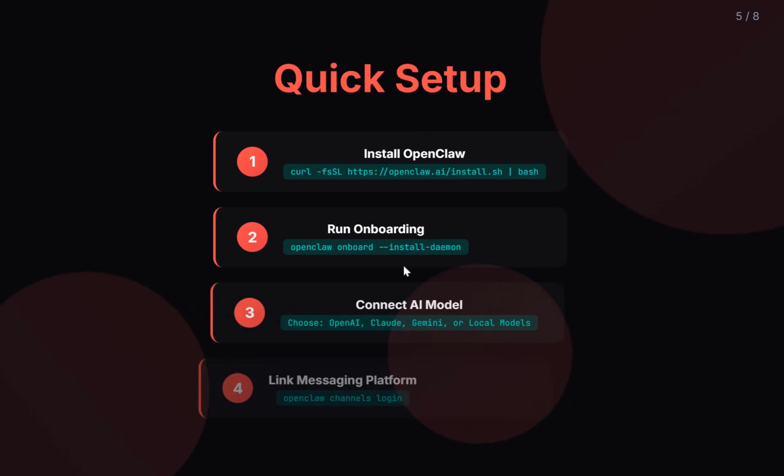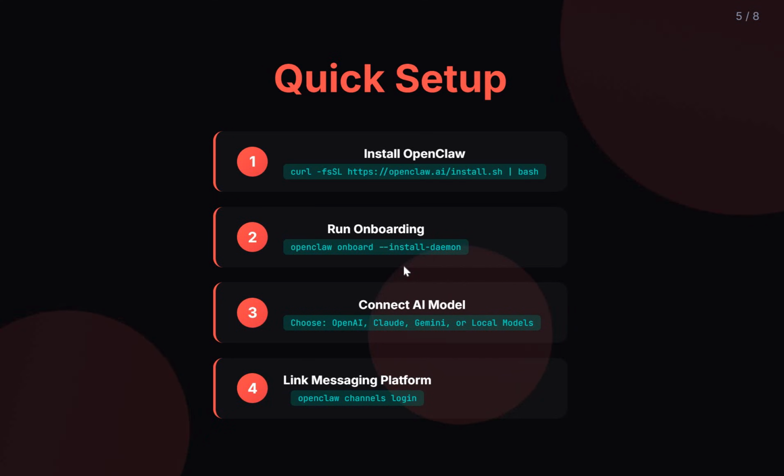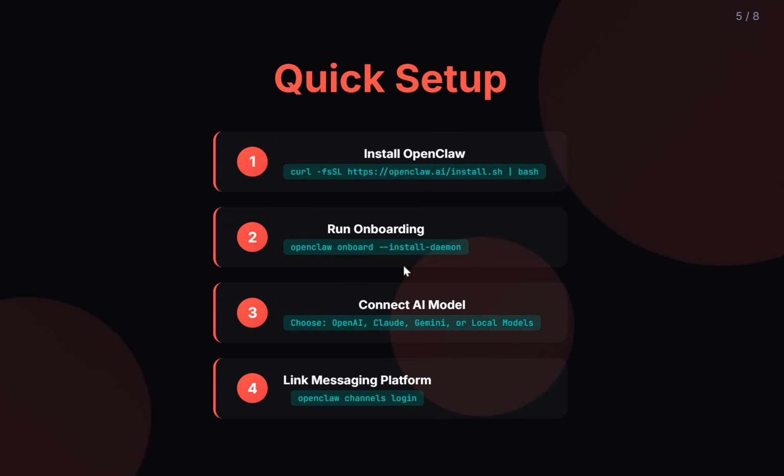Let's have a quick view of how you can set up OpenClaw. This is a super simple installation. You just run the OpenClaw command if you're on Mac or Linux, and there is also a command for Windows. Once you do it, you run the onboarding. What do I mean by onboarding?